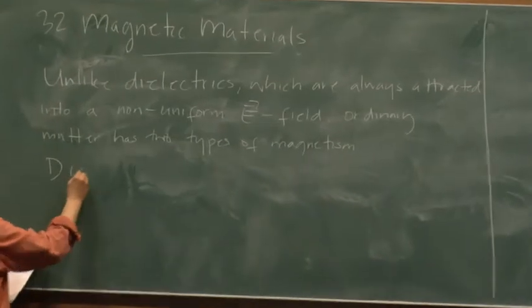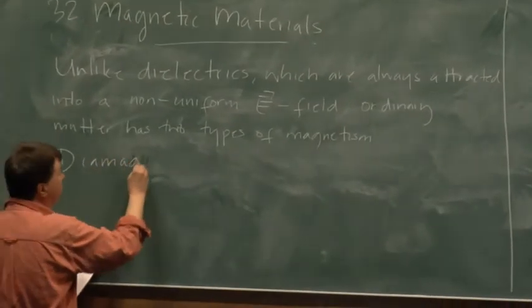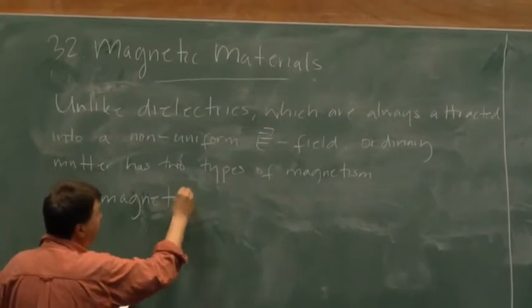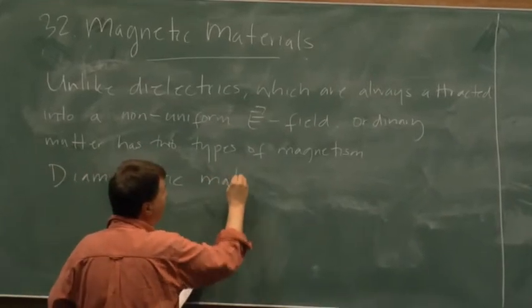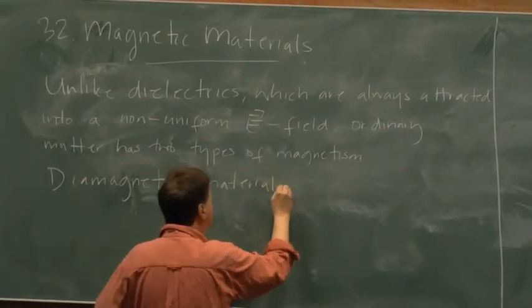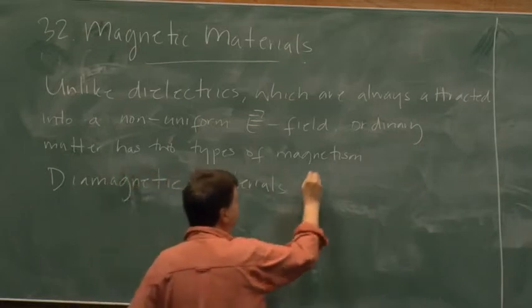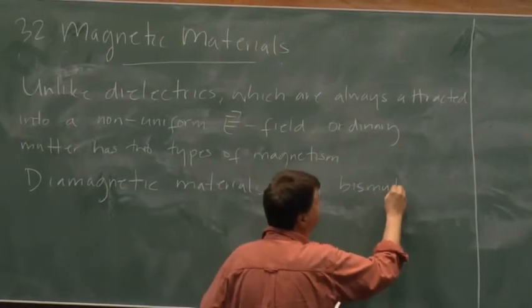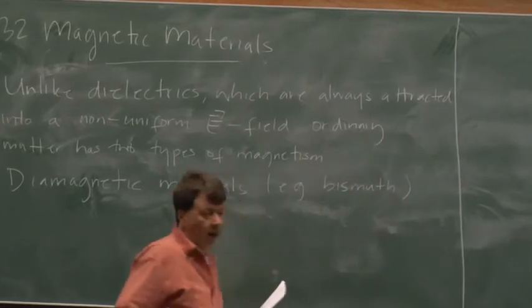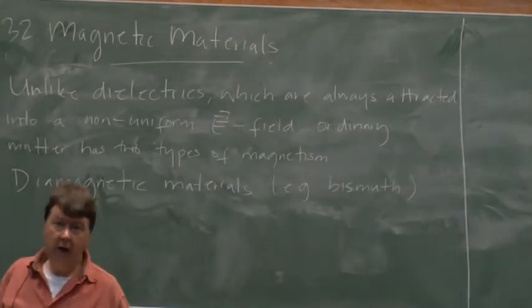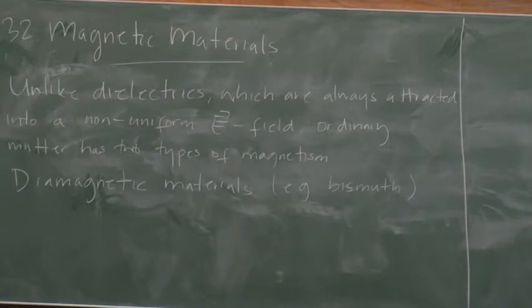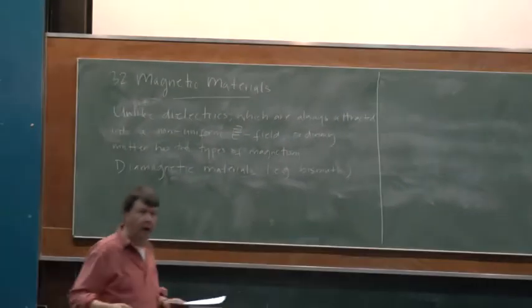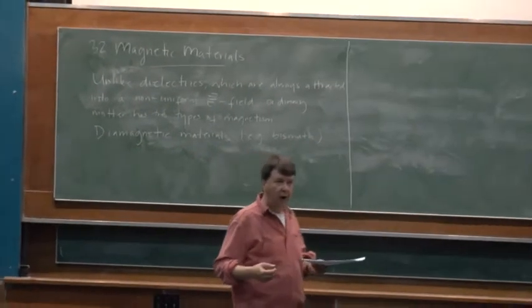So diamagnetic materials, these two types of materials have got specific names. Diamagnetic materials, e.g. bismuth, so many choices that I could have made. Bismuth has got no unpaired electrons, so it has no, if you like, orbital or spin angular momentum in its ground state.